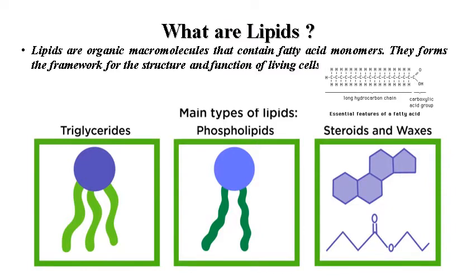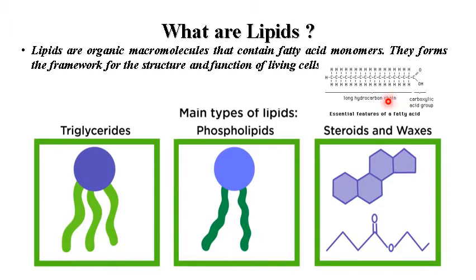The term lipids includes a diverse group of structurally distinct hydrophobic and amphipathic molecules. The fatty acids are quite simple, as you can see in this picture. They have only two parts, a carboxylic acid and a long hydrocarbon chain. It could be 4 to 30 carbon molecules, with 12 to 24 being most common.